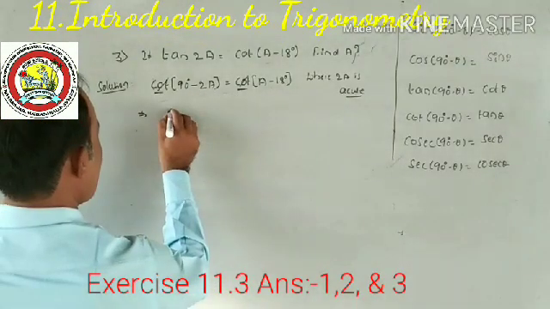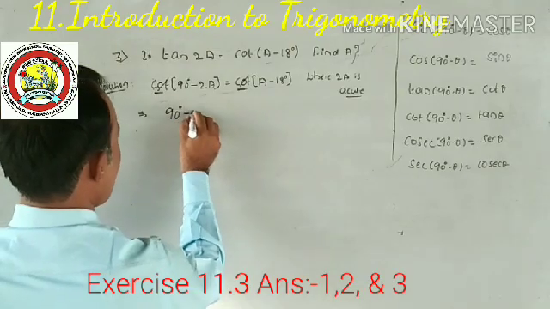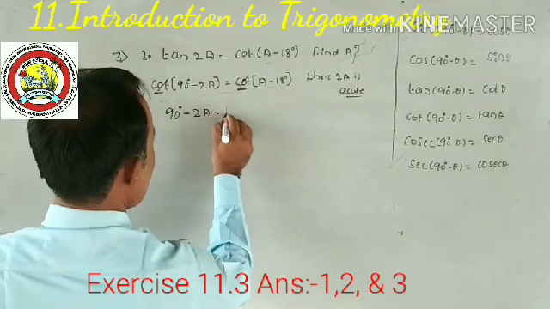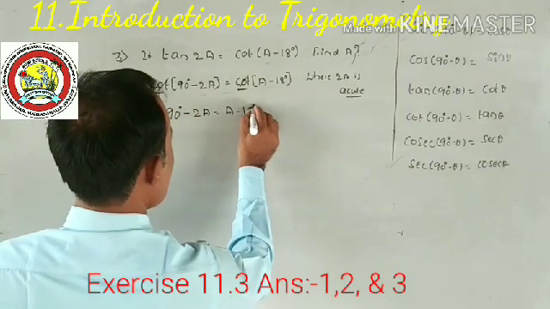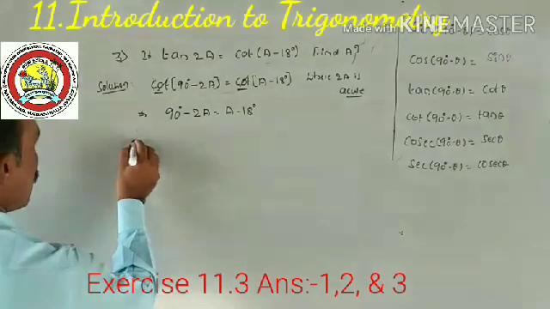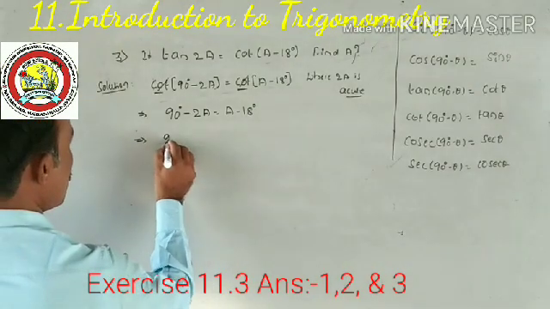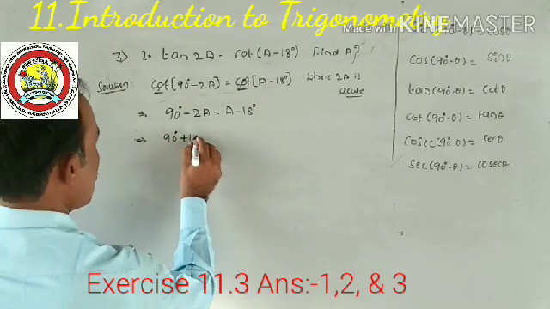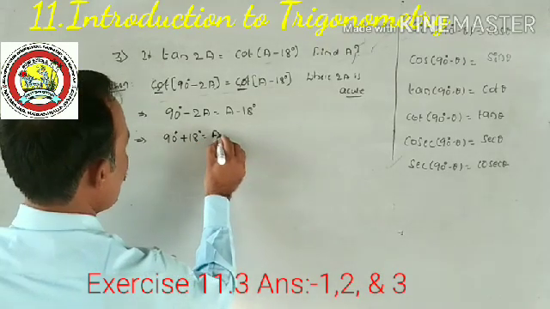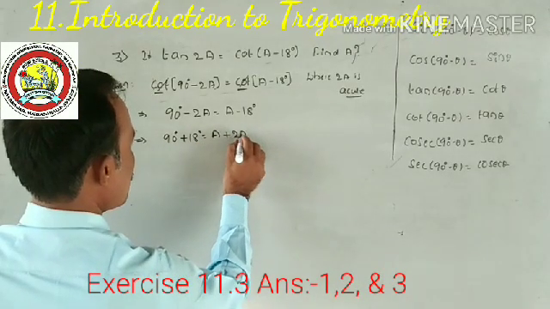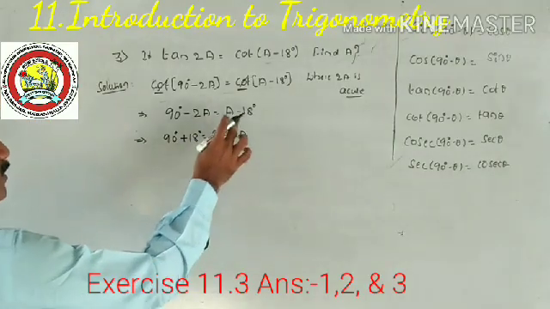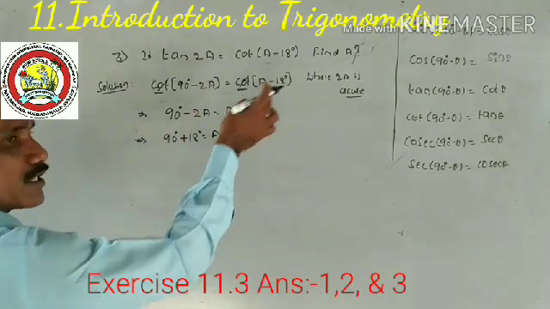Now make them equal. So 90 degrees minus 2a is equal to a minus 18 degrees. Now write a on one side and the angles on the other side. So 90 degrees plus 18 degrees is equal to a plus 2a. Just shift the terms: 18 you take here, 2a you bring to the other side.